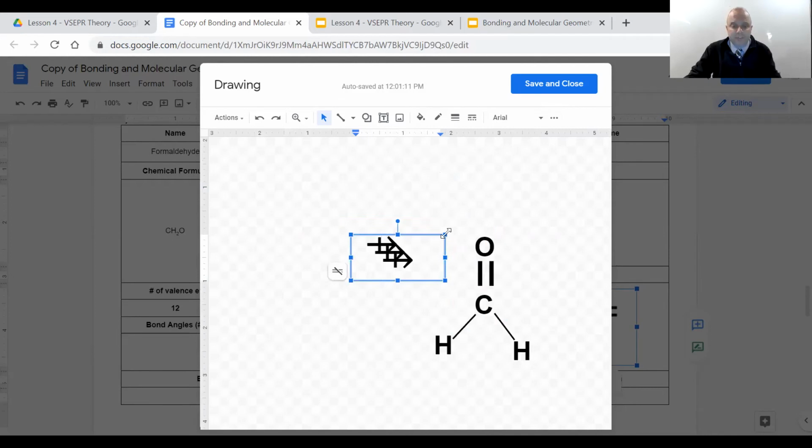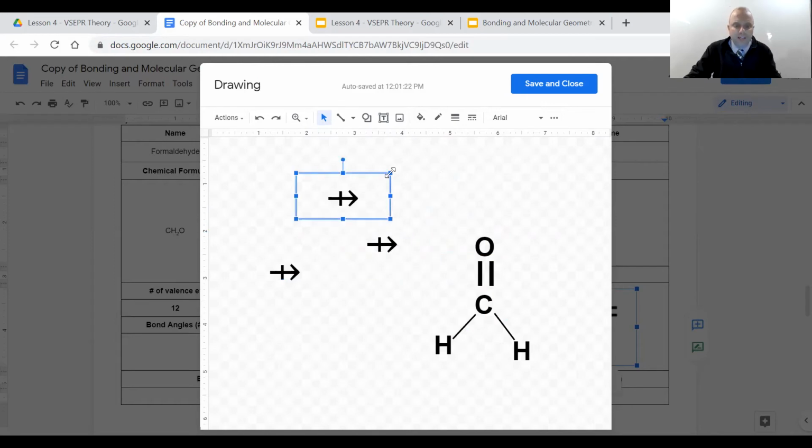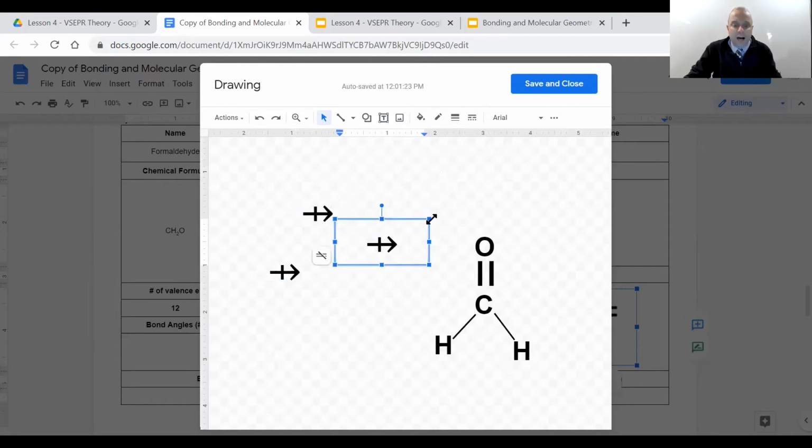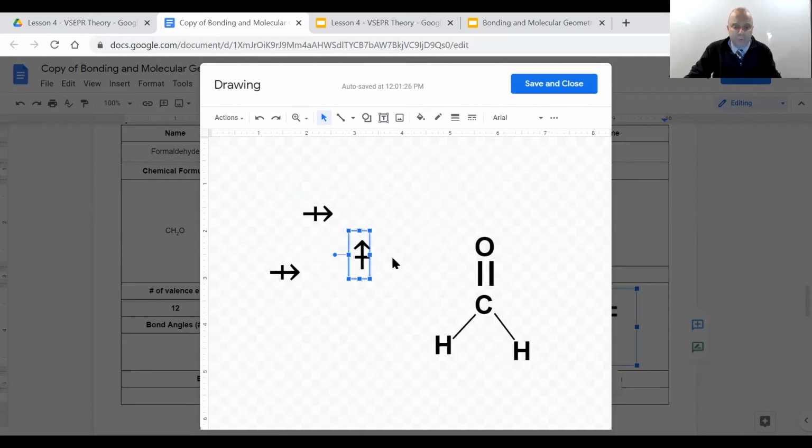Now we just have to place these arrows. Remember, the arrows are going to point toward the more electronegative elements. So oxygen out of all of these is the most electronegative. So we're going to have an arrow pointing up toward oxygen, like this.